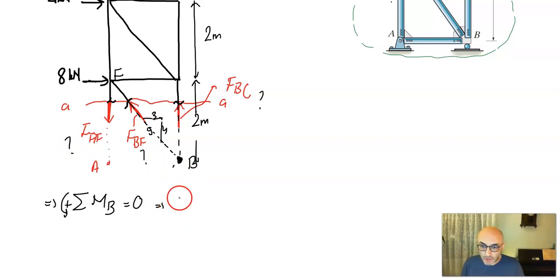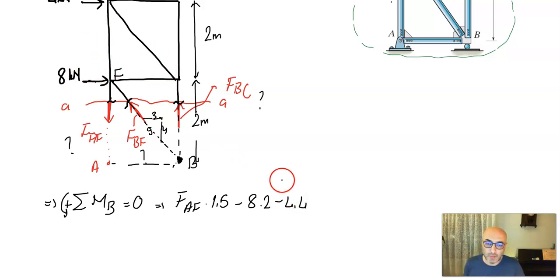So FAF times 1.5, that's in the positive direction, taking moments around point B. FAF times 1.5, and that's counterclockwise positive, so that's why it's positive, minus 8 times 2, minus 4 times 4, the externally applied forces, is equal to 0.